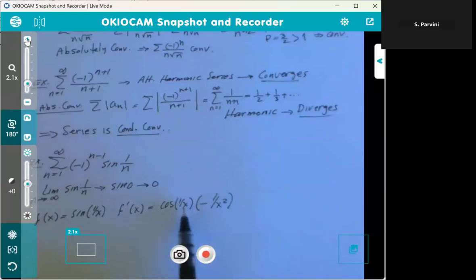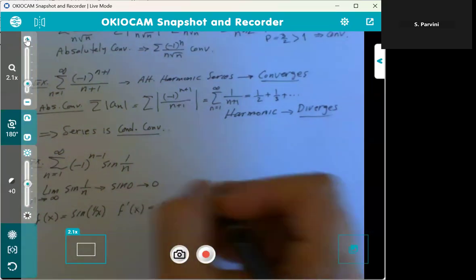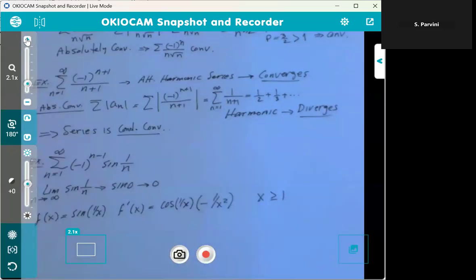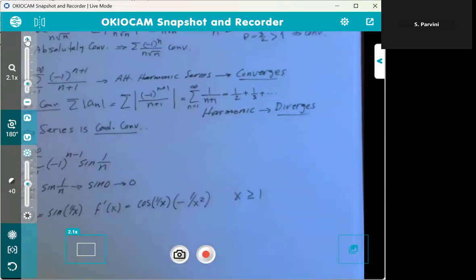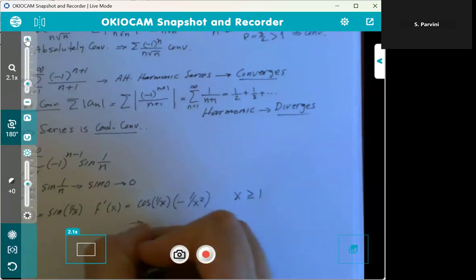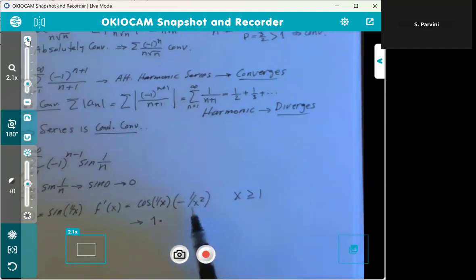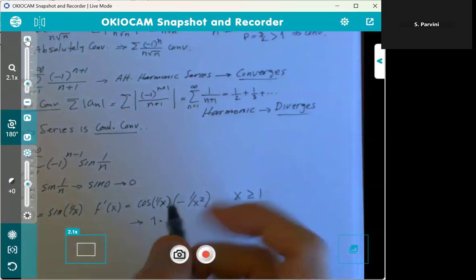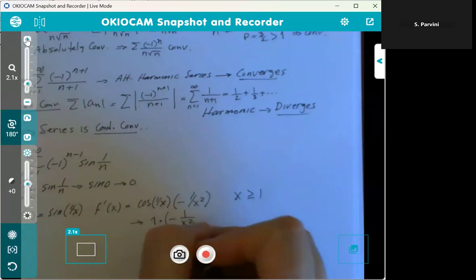Now remember, we're looking at x greater than or equal to 1, so 1 over x is like 1/3, 1/5, 1/7, 1/9, 1/1000. This approaches 0. Cosine of 0 approaches 1. This approaches 1 times 1 over x squared, whether x is 5, 10, 1,000, a million, whatever, 1 over x squared is positive. Negative of that is going to be negative.